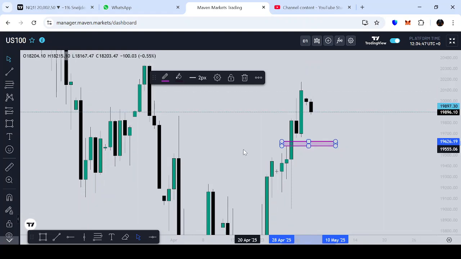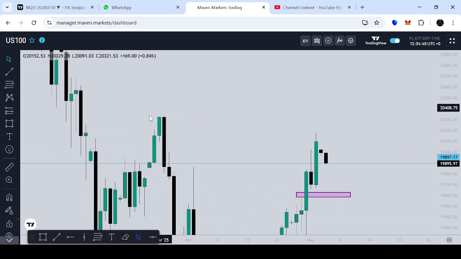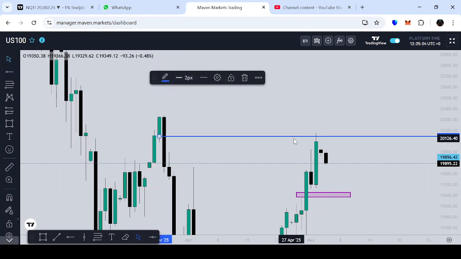Before taking this high over here, this is a buy side liquidity. Friday closed in a fair value gap and inefficiency over here, and here is an order block, a daily order block, the up close candle there.